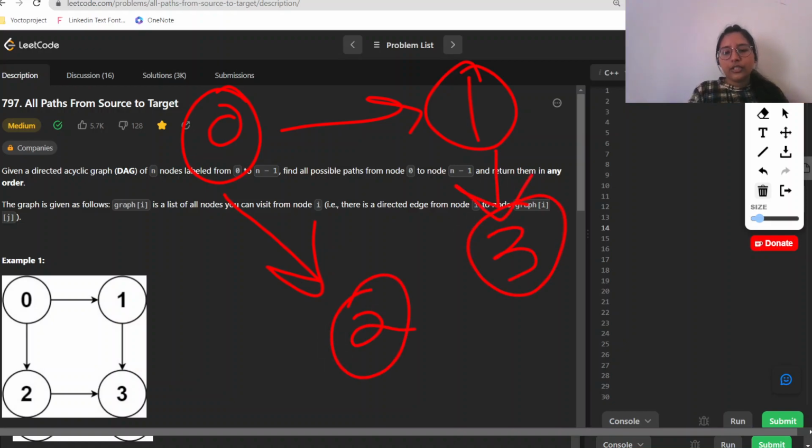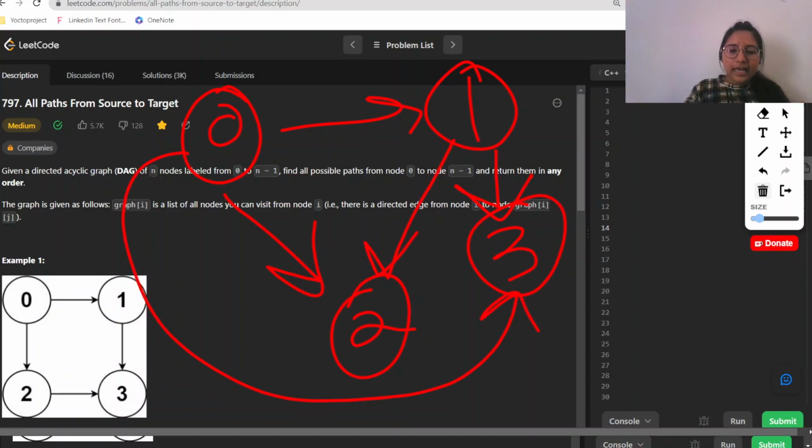Here one path is this one, another is this one, that is two paths. Now this is the third path, and this is the fourth path. So in total there are four paths, and we return 4 as our answer.